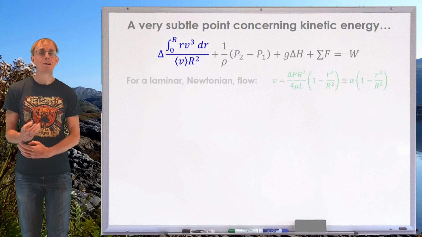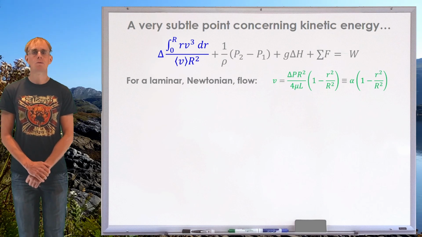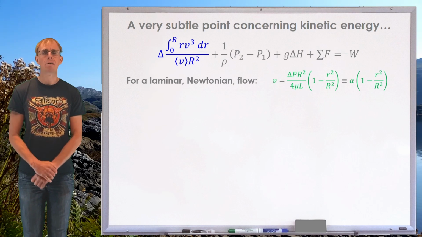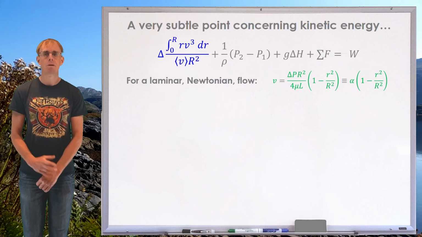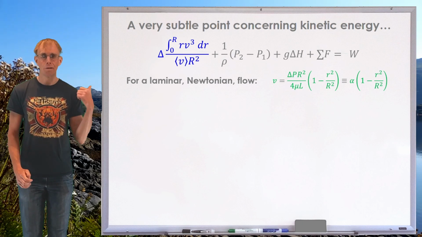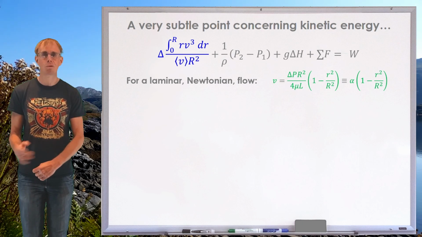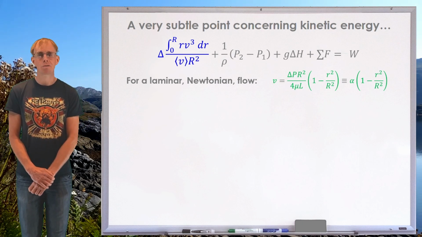So let's see what it is for a laminar Newtonian flow. We know that for flow down a pipe, in laminar flow, with a Newtonian rheology, the velocity will be a parabolic function of radius. So there we have v is delta p r squared over 4 mu l, times 1 minus r squared over R squared.